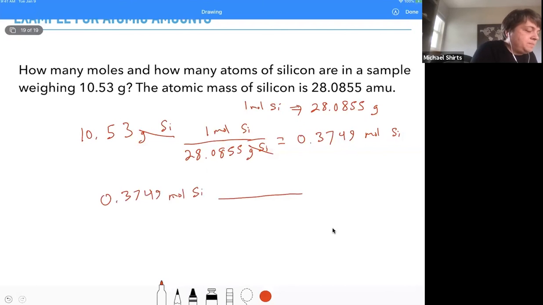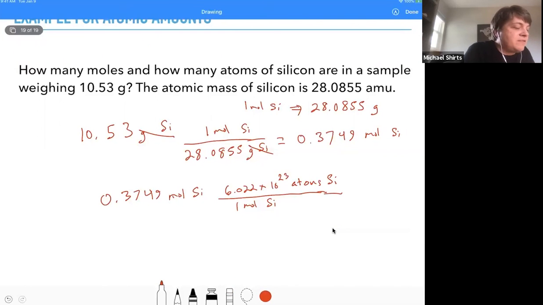Then 1 mole of silicon has exactly 6.022 times 10 to the 23rd atoms of silicon. A mole is an amount. So that's, again, an exact conversion factor: 1 mole of silicon is exactly equal to 6.022 times 10 to the 23rd atoms of silicon.